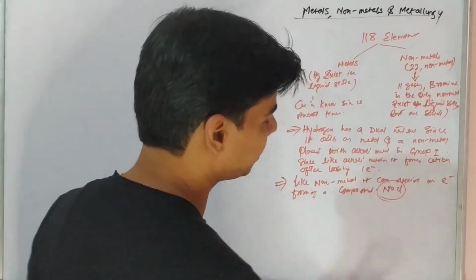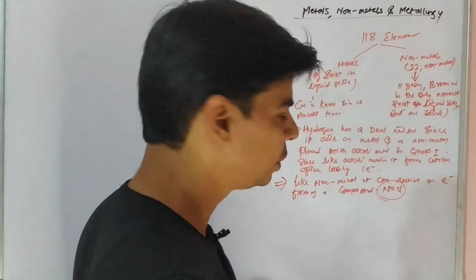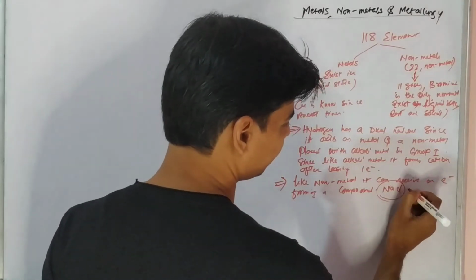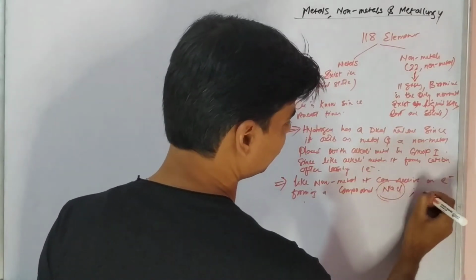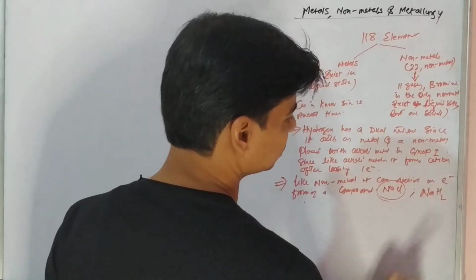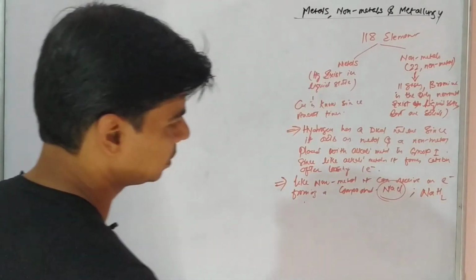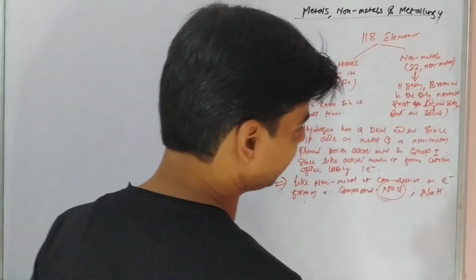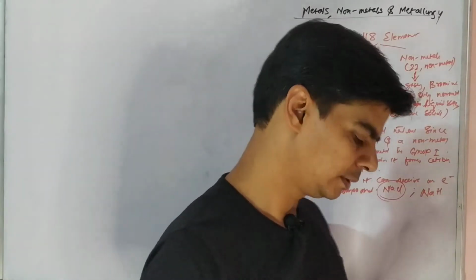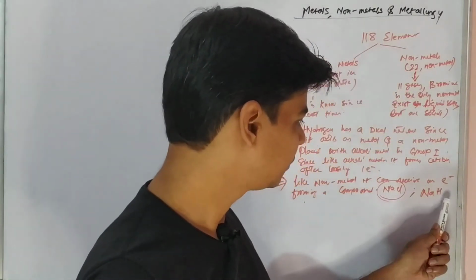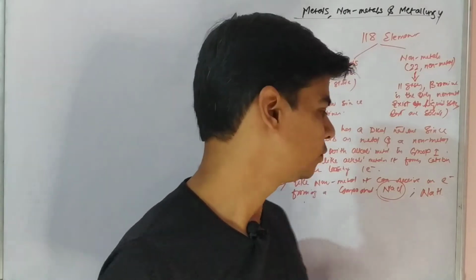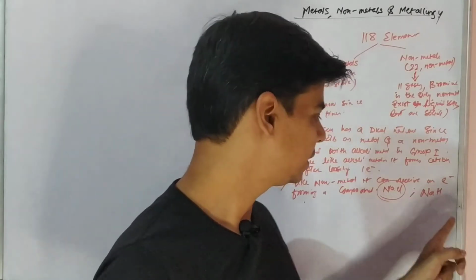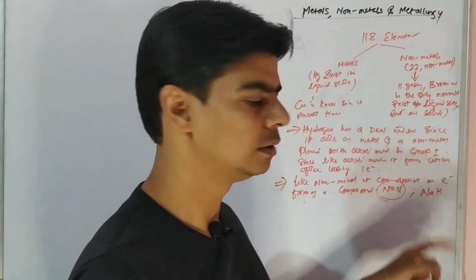Sodium chloride is a compound where chlorine is a non-metal, right? Similarly, we have the compound sodium hydride, NaH, wherein one hydrogen atom reacts with a sodium atom to form sodium hydride. So here it's acting as a non-metal like chlorine, right?